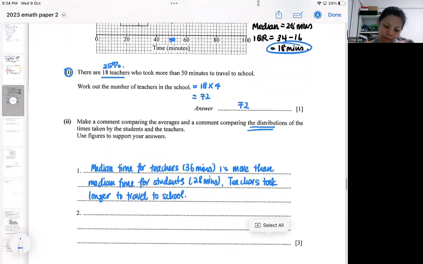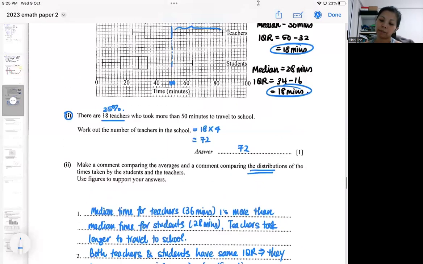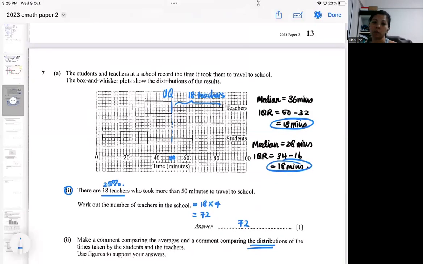Both teachers and students have the same interquartile range. So the implication will be they have the same consistency in the traveling time. So you say the obvious and then the implication in the context. Okay, but this one is a full box and whisker question.